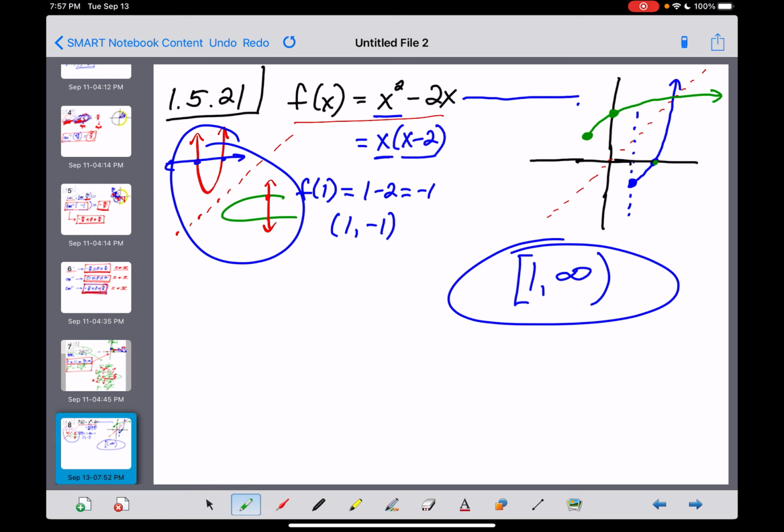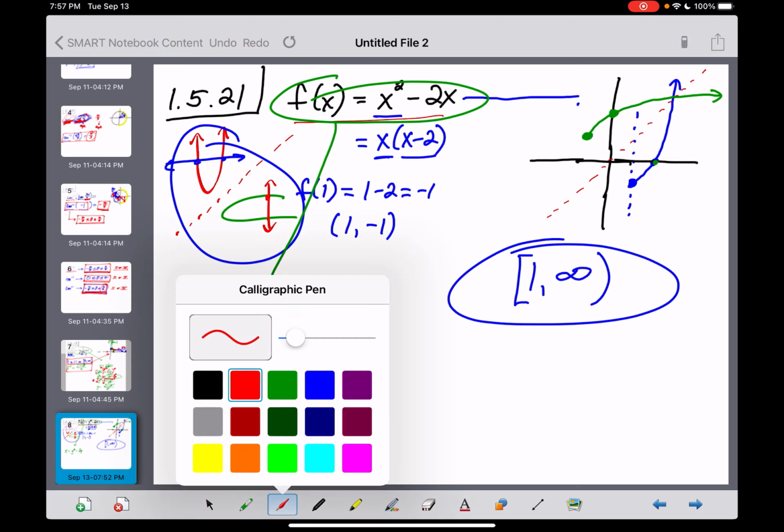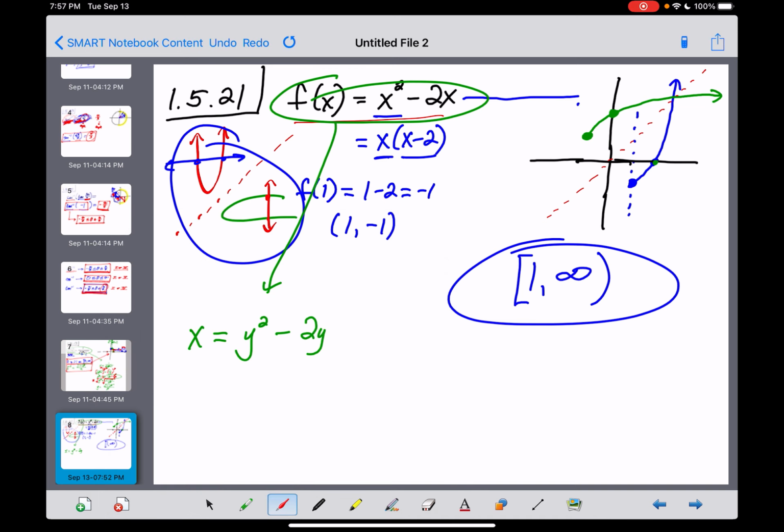So here we go. We're taking this function right here, and we're going to find our inverse by switching x and y. So my y becomes an x, my x's become y's. x equals y squared minus 2y. And actually, this one's already in a great form here for solving for y by completing the square. Our a value here is 1, and our b value is even. I don't even have to move anything.